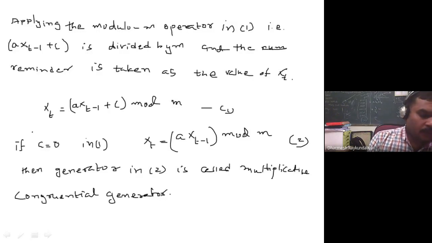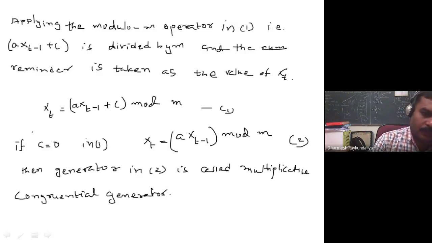Suppose you take a equal to 1, then it becomes the linear congruential generator. In fact, linear and multiplicative are both said to be mixed generators, but we will call them the linear congruential generator. If you substitute c equal to 0, then we call it a multiplicative generator.